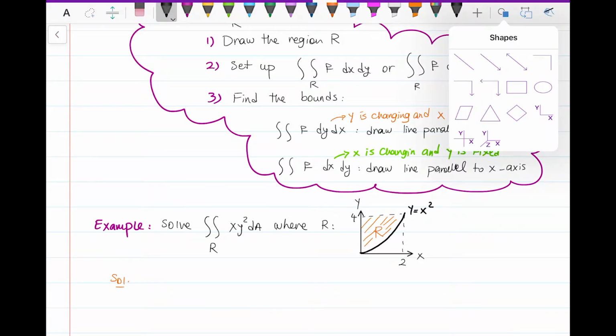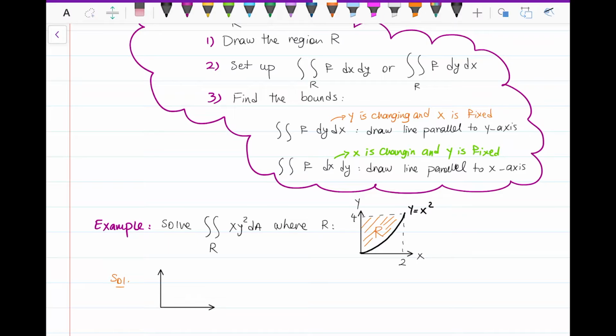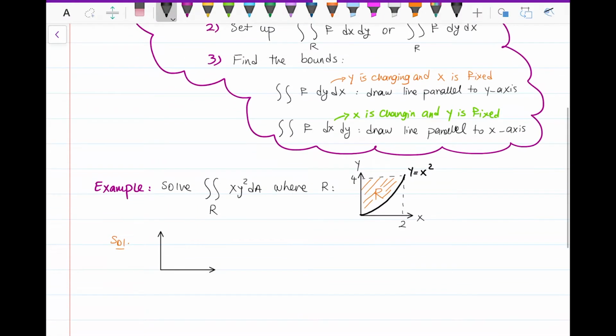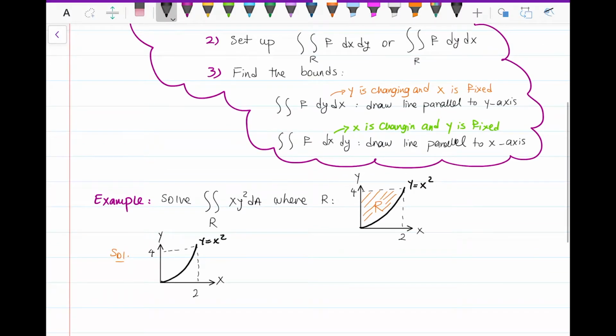Let me graph the region R one more time. This is the x-axis, y-axis. This is y equals x squared. This is 2. This is 4.